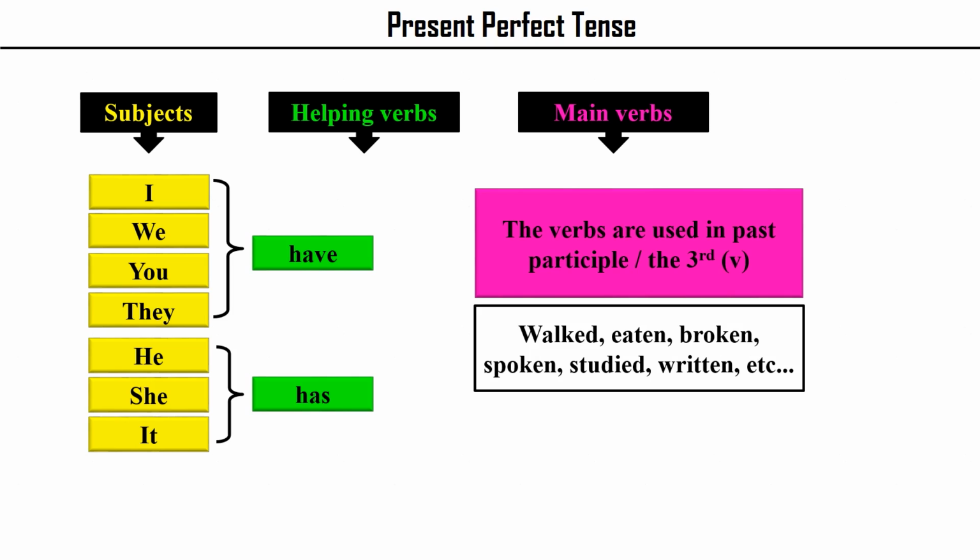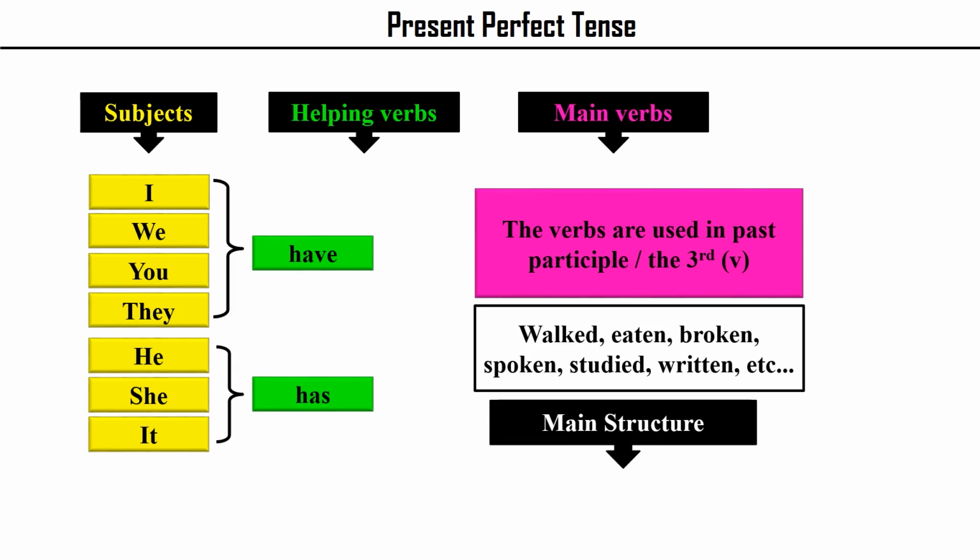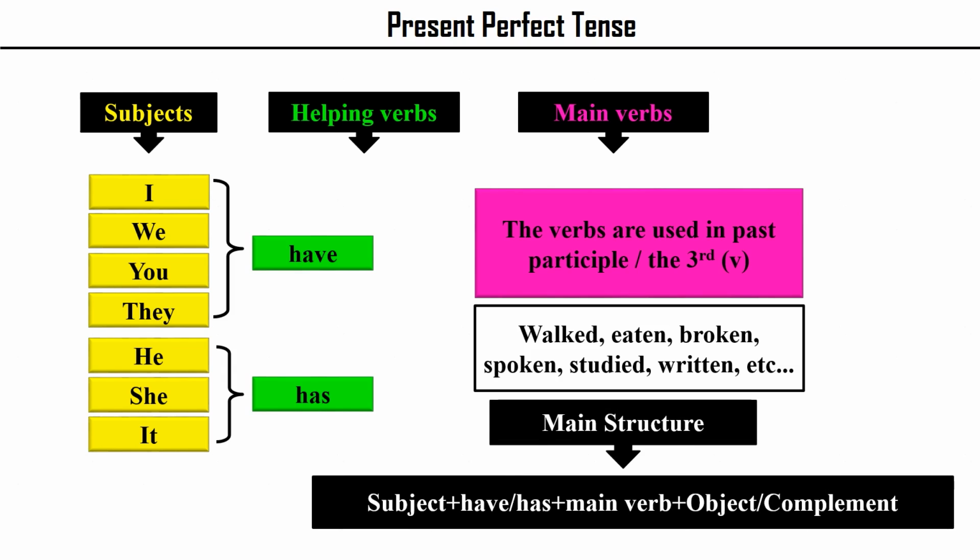There are many types of verbs. The main structure that is used in the present perfect tense is subject plus have or has plus main verb plus object or complement. Let's make some examples using this structure.